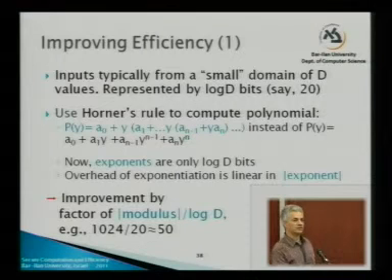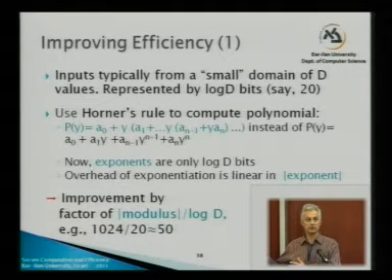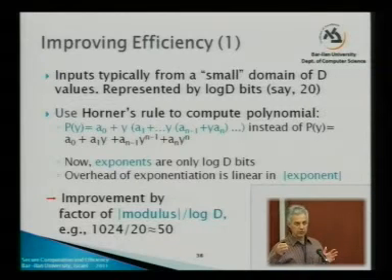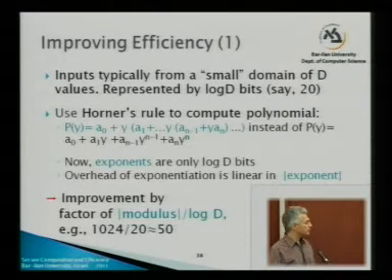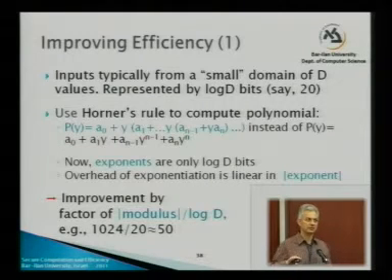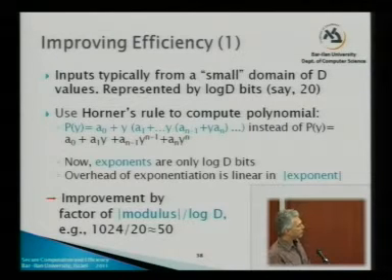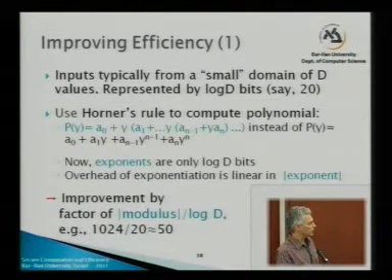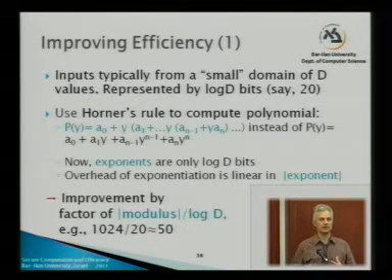If we use this Horner's rule formula, we always multiply by y, which is a short, say, 20-bit number. So if this translates to exponentiations, we use an exponent which is only 20 bits long. If we think about exponentiation as something whose overhead is linear in the length of the modulus, which is not true because there are different optimizations like Karatsuba and others, but say it's true, then we get an optimization by a factor which is the size of the modulus we use over the log of the range of possible items we have.